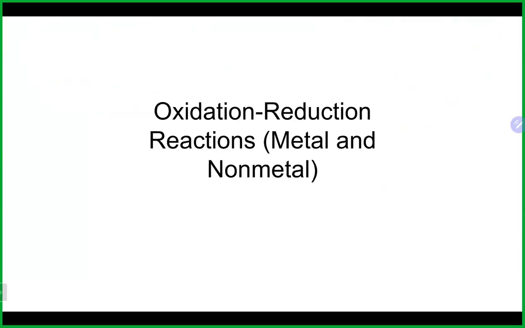So let's talk about redox reactions, which are oxidation and reduction reactions. A lot of times this occurs when you have a metal and a non-metal together. As we talked about in an ionic compound, when you have a metal and a non-metal together, the metal typically will transfer electrons over to the non-metal.